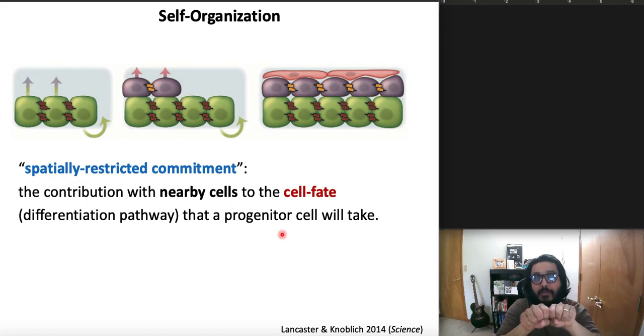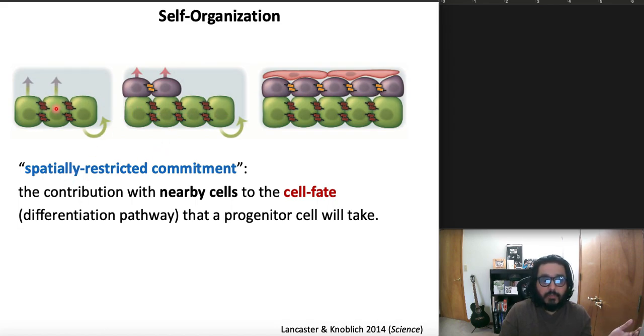That only happens when they're touching each other. If they're not touching each other, then you don't get that full differentiation into either a neuron or a glia. But when they're touching, you get that interaction. So this is the same idea here: you get a differentiation signal only when a cell is touching, or has certain receptors being activated by other proteins that are cell-surface bound on other cell types.